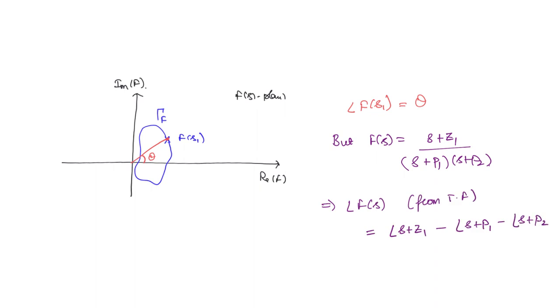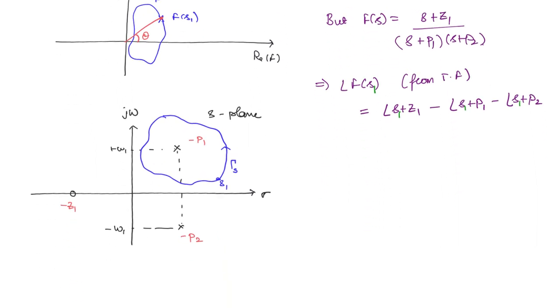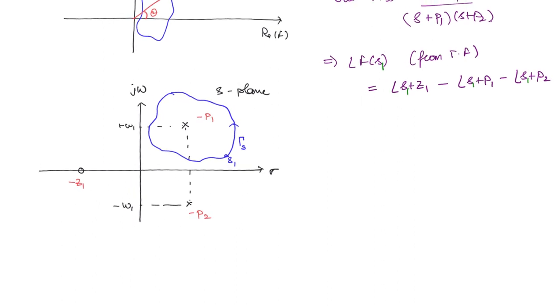If you want the phase at f of s equal to s1, then this will be angle s1 plus z1, angle s1 plus p1 and angle s1 plus p2. Now what does this s1 plus z1 indicate? If you take the s plane, you can see that the point s1 is here and the point z1 is here.